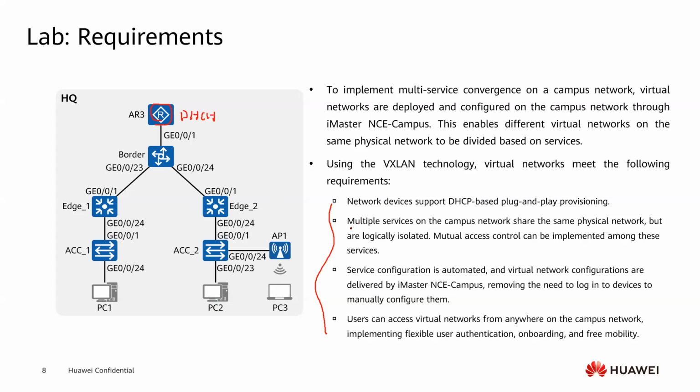Next, multiple services on the campus network share the same physical network but are logically isolated. Mutual access control can be implemented among these services. That means you need to create several VNs for different services, and the VNs are established over the physical network, just like this. The third requirement is that service configuration is automatic, and virtual network configurations are delivered by the controller.